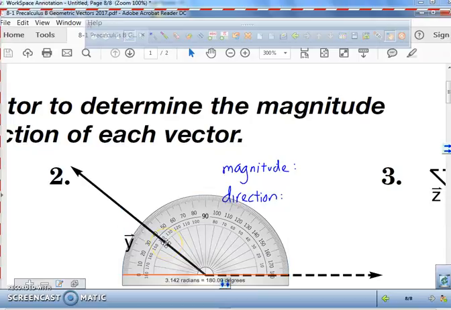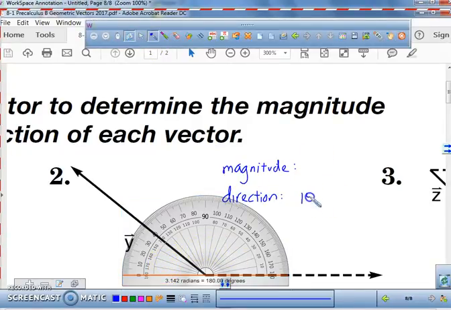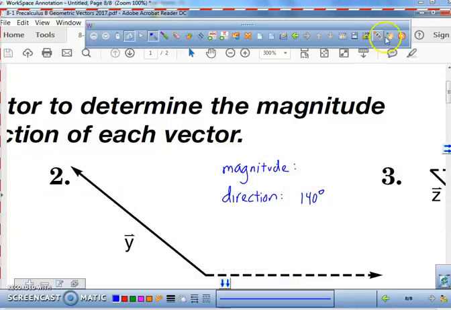Now, if it was from the other side right here, what would the angle be if I was going from the other side? That would be 40 degrees here, but here it's 140. So the direction you're going to write is 140 degrees. Okay, now let's look at the magnitude.